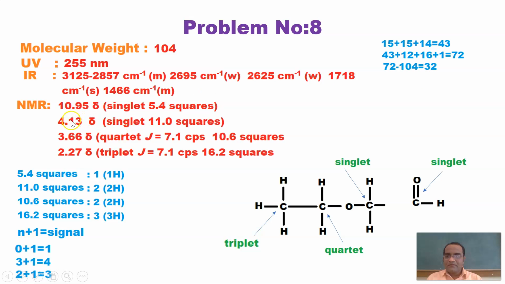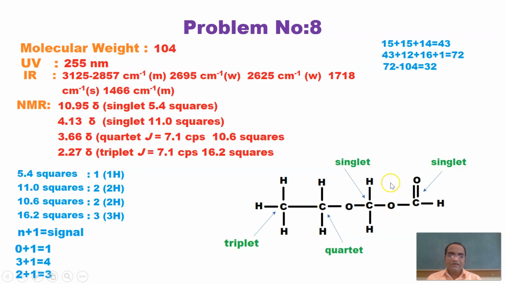So from this delta value, it is indicating that it should have an oxygen or nitrogen in between, but there is no data in the IR showing a nitrogen. It might be an oxygen as per the molecular weight calculation. So I have written oxygen in between, because the remaining is only 16. So I will write one more oxygen, and now it fits the structure.